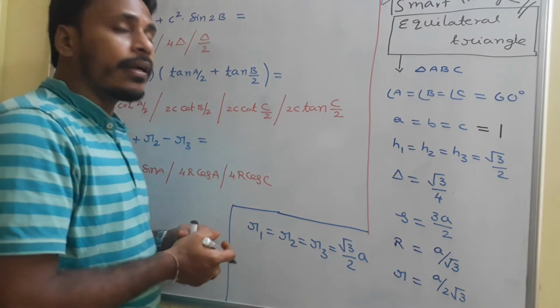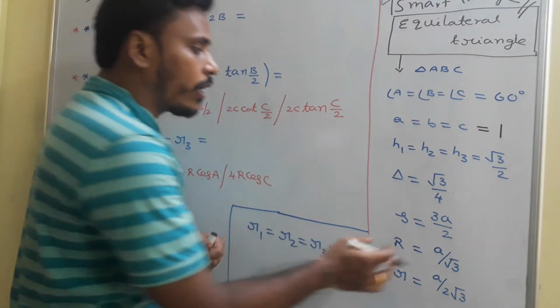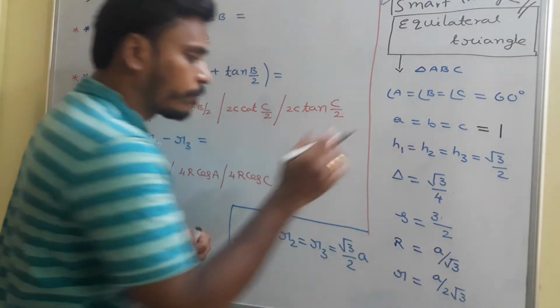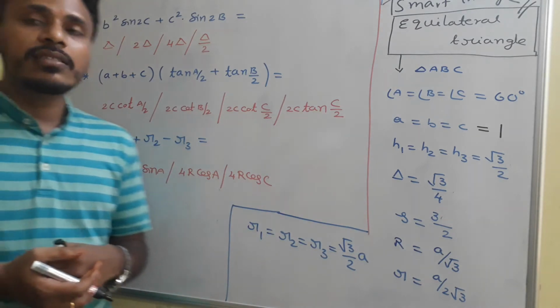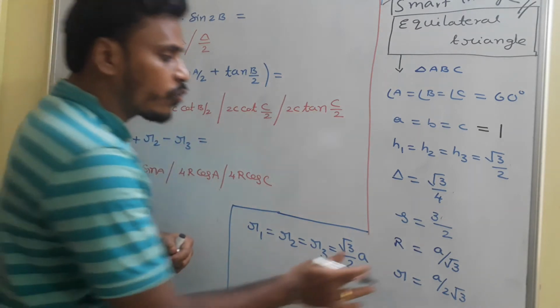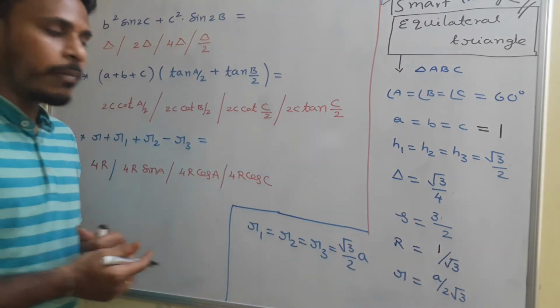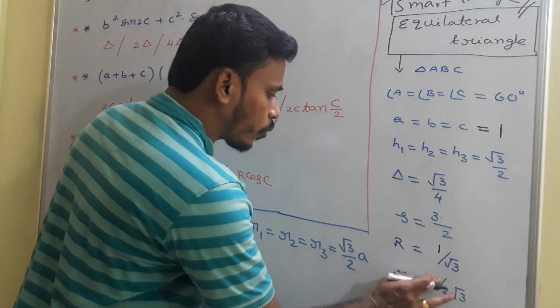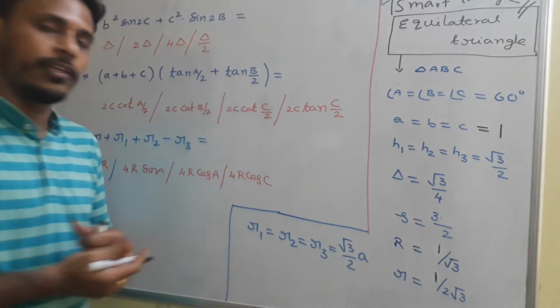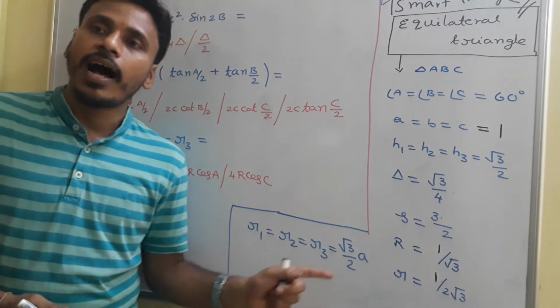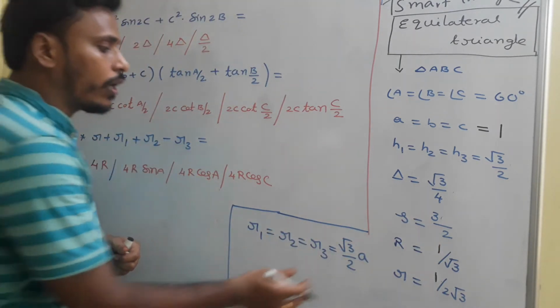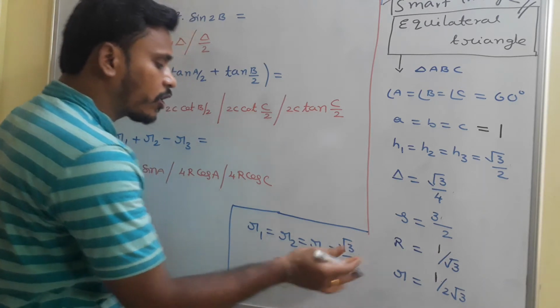Semi-perimeter is 3 by 2 a, and a is 1, so semi-perimeter is 3 by 2. Circumradius is a by root 3, since a is 1, circumradius is 1 by root 3. Inradius is a by 2 root 3, so if you replace a with 1, inradius is 1 by 2 root 3. Whereas the exradii r1, r2, r3 are root 3 by 2 a; replace a with 1, that is root 3 by 2.